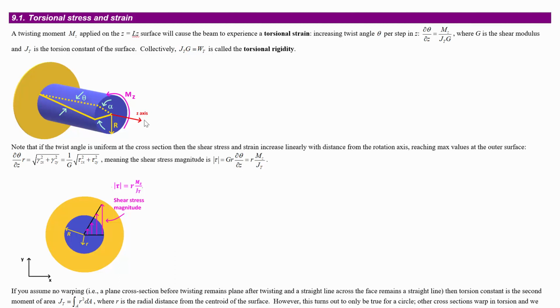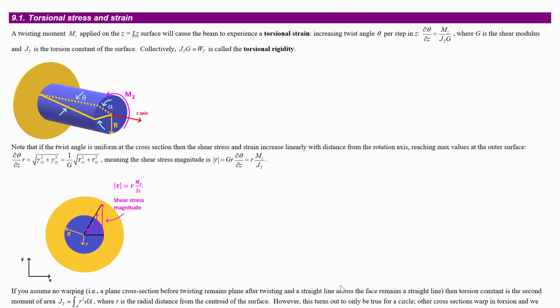As we increase the moment we're applying, we get more stress on the surface. As we increase the radius of the spot within this cross-section we're looking at, we get more shear stress. And as we increase the torsional constant, the resistance to rotation from the geometry perspective, we get less shear stress.